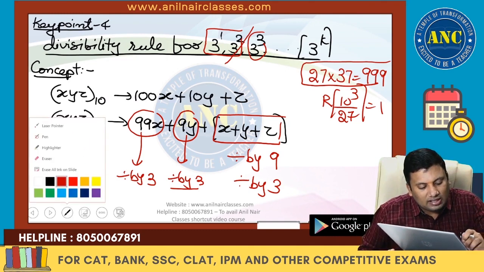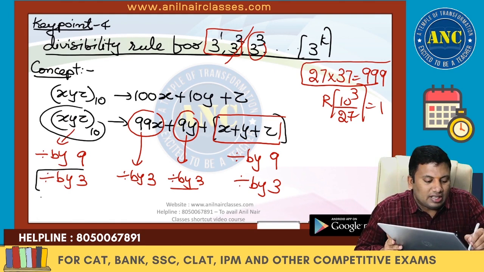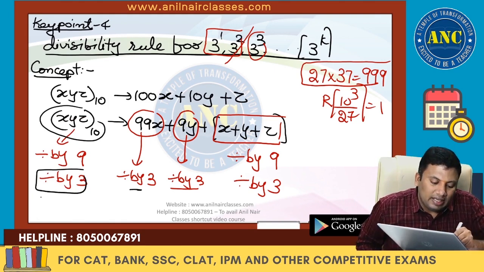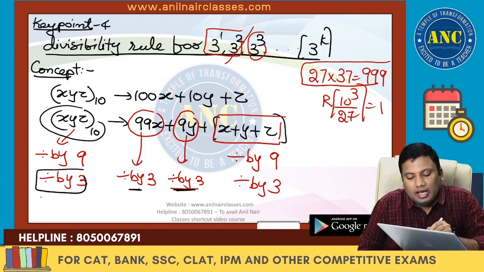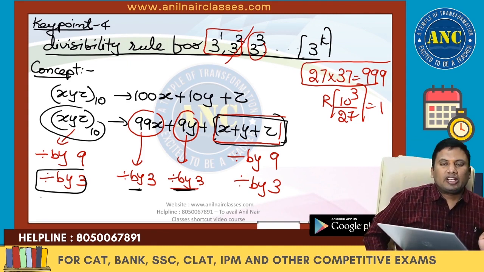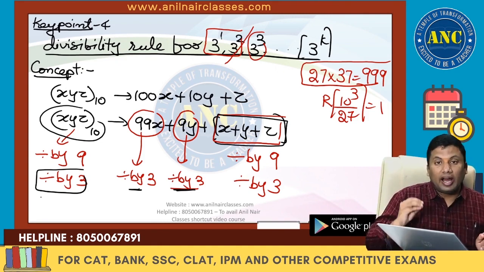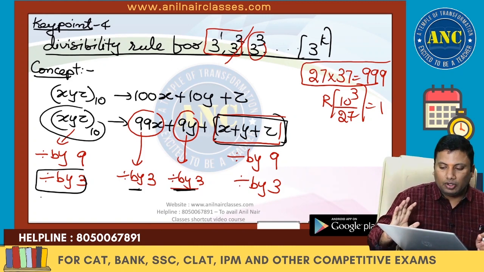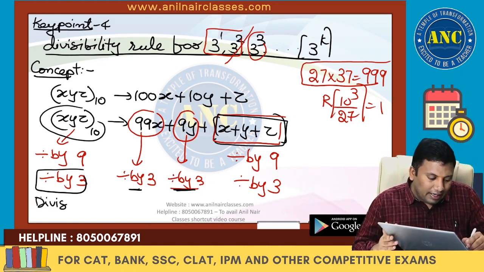If xyz in base system 10 is divisible by 3, 99 is divisible by 3, and 9y is also divisible by 3, then x plus y plus z should also be divisible by 3. I hope the idea is crystal clear to you. That means, what is the divisibility rule for 3 and 9?